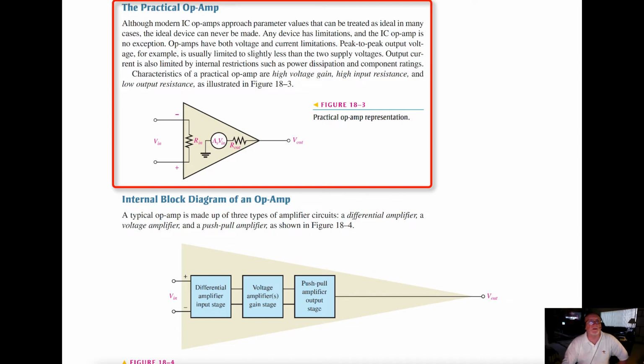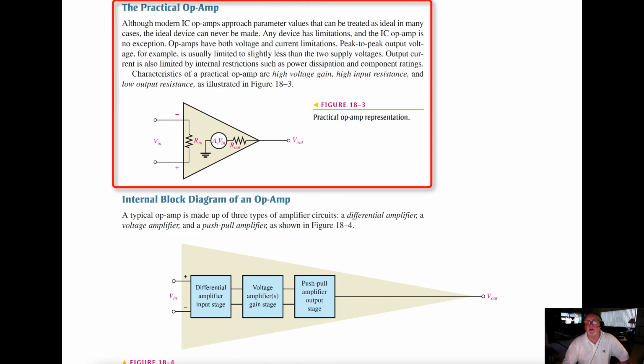Op amps have both voltage and current limitations, as do many discrete components. Peak-to-peak output voltage, for example, is usually limited to slightly less than the two supply voltages. Output current is also limited by internal restrictions such as power dissipation and component ratings.